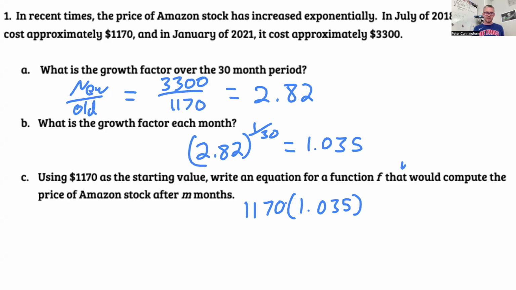Just make sure that your exponent then is just months. If you don't use the monthly rate, if you use that first growth factor that you found, 2.82, you can do that, but just realize that you need to take the amount of months that happened and divide it by 30 in your exponent. Okay, so either of those would be acceptable answers.